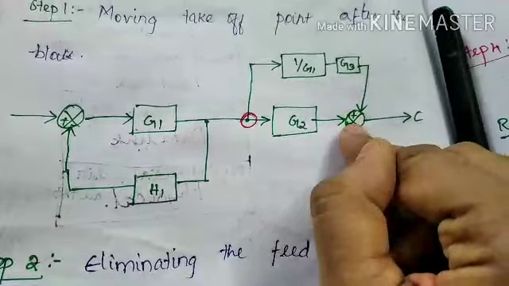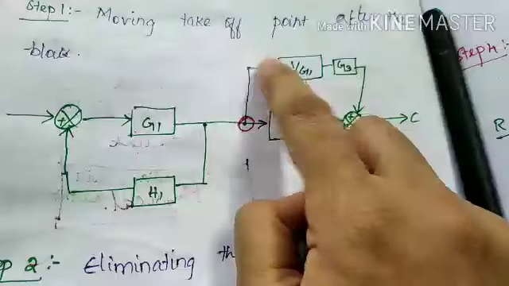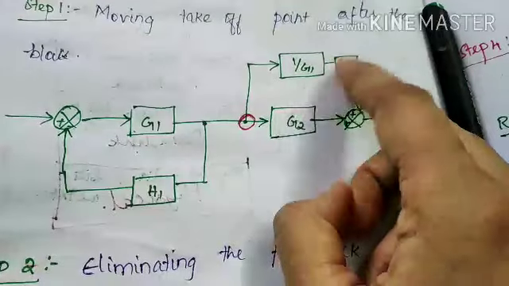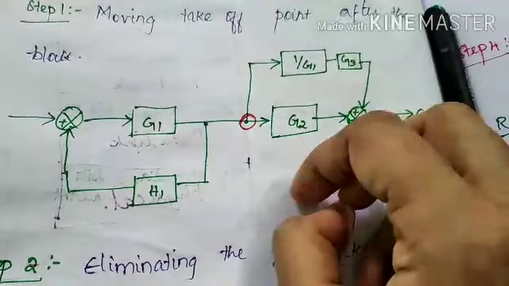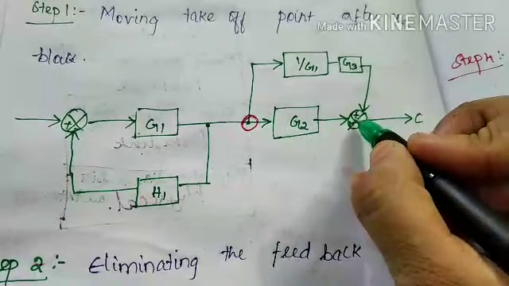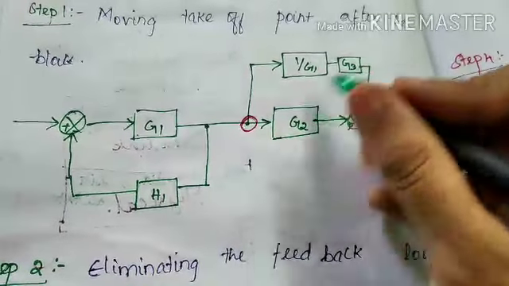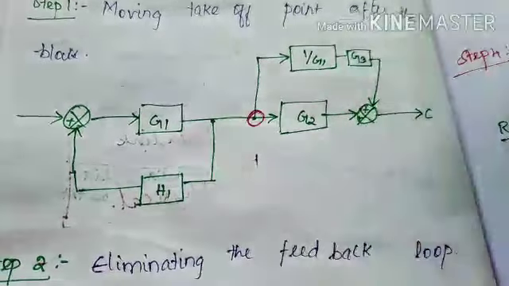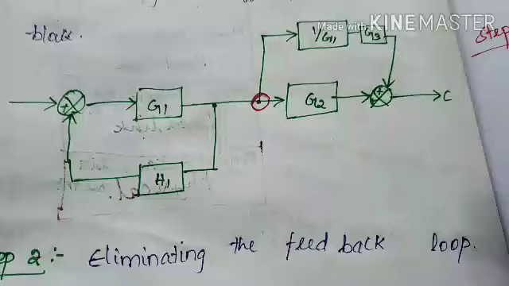There is a summer over here, right? This block and these two blocks are in parallel form. So what is the rule for parallel? We have to add those blocks. Not only addition, we have to see this symbol. Here there is a positive sign, so we have to add these two blocks. If it is a negative sign over here, then we have to subtract these two blocks, right?